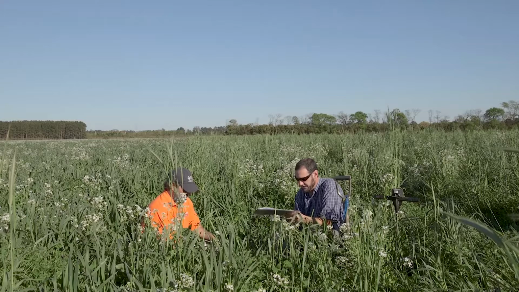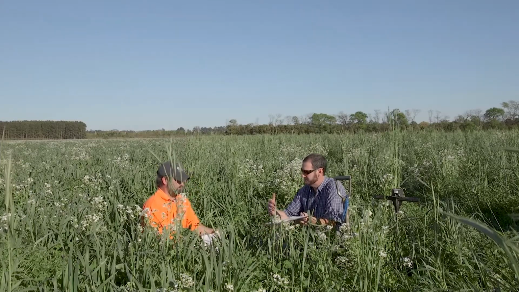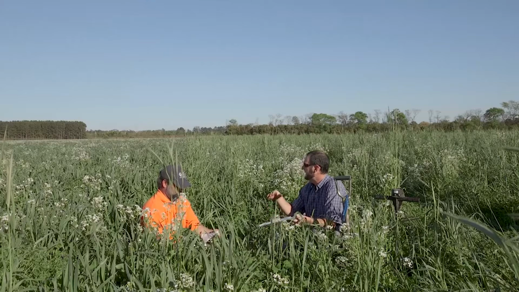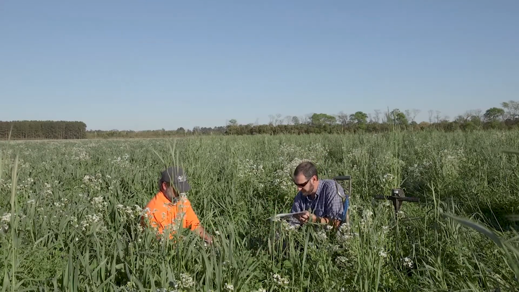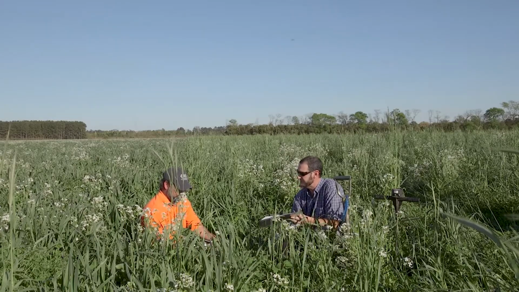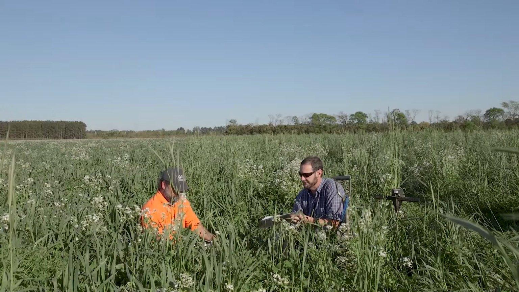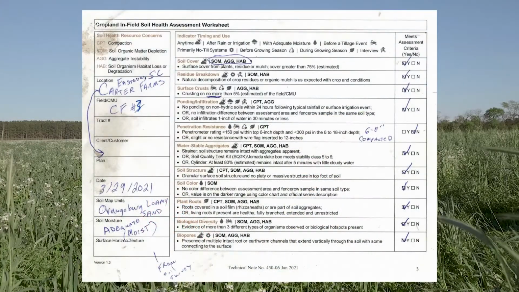We're standing in cover nearly knee-high or higher, and we had to physically rake back residue to even see the soil surface. So we can easily estimate this is higher than 75%, and the answer to this indicator is yes, it meets the criteria.